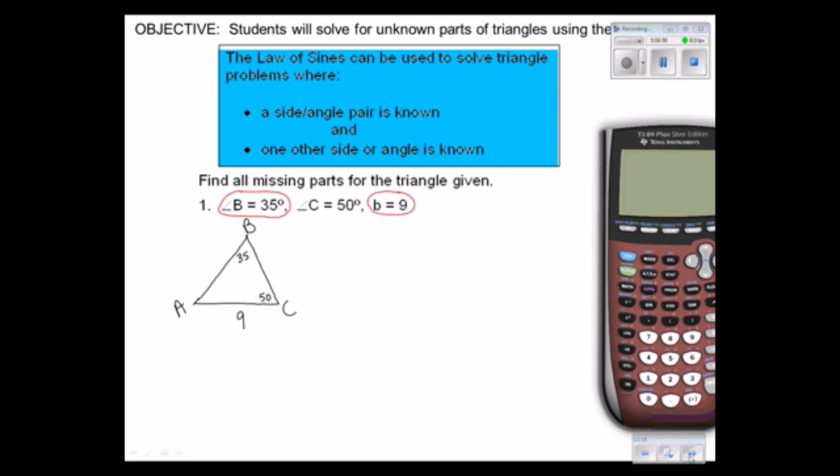All right, so we're going to solve for all the missing parts, and the first thing we can do is easily find the measure of angle A. 180 minus the sum of 35 plus 50. And so the measure of angle A is 95 degrees.